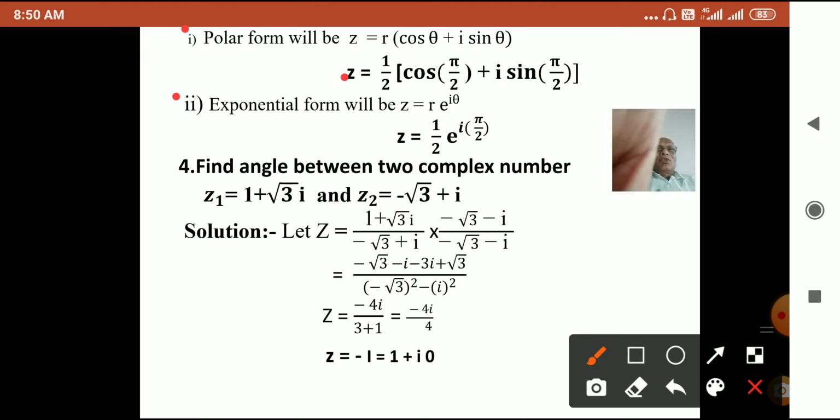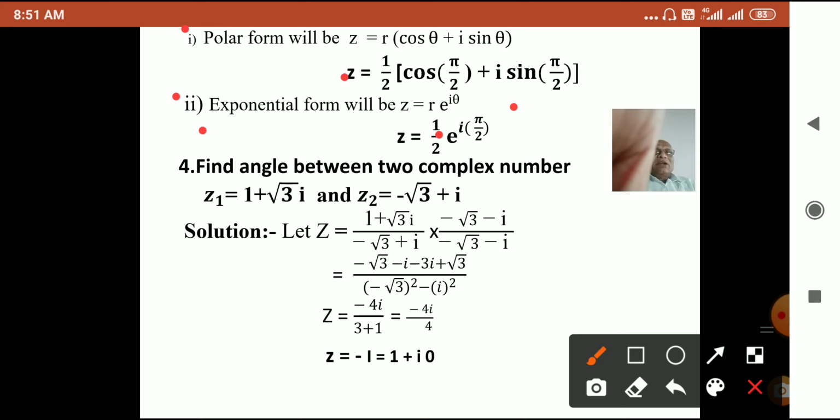So polar form will be z equal to 1 half into bracket cos of pi by 2 plus i sin of pi by 2, the representation of the complex number in polar form. Similarly, in exponential form we write z equal to r e raised to i theta. Substitute r as 1 half and theta as pi by 2. So z equal to 1 half e raised to i pi by 2, the representation of the complex number in exponential form.